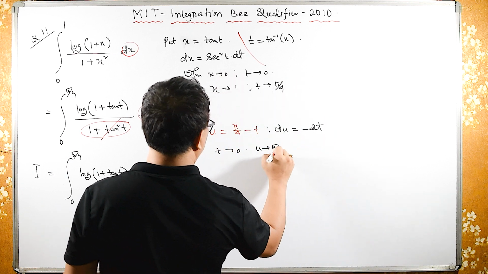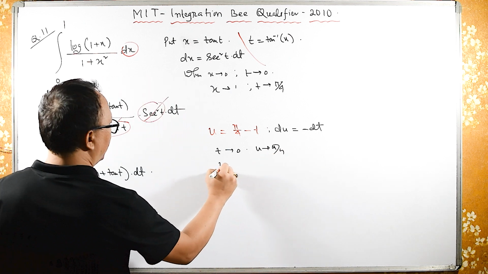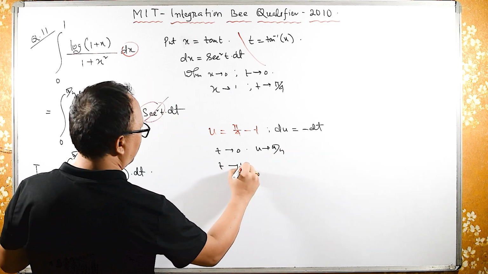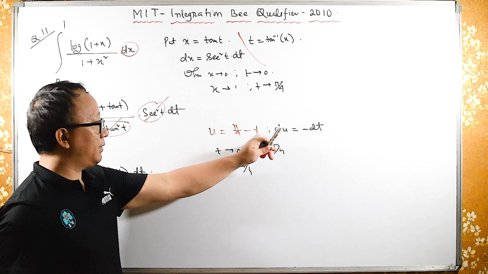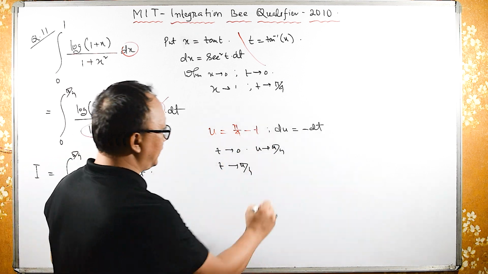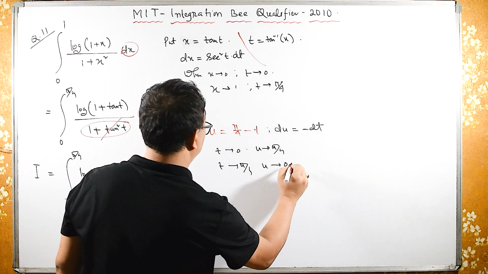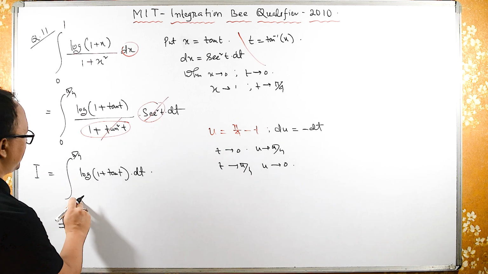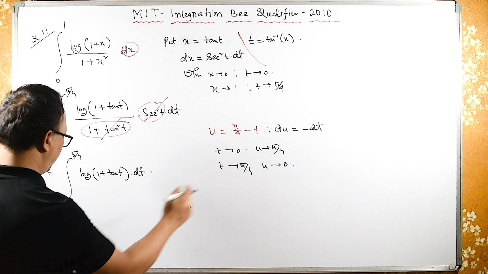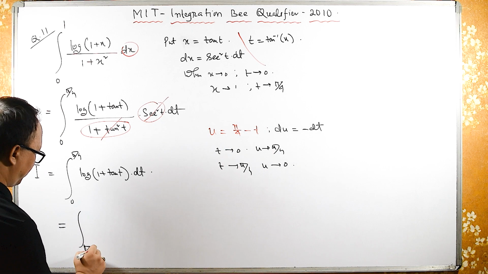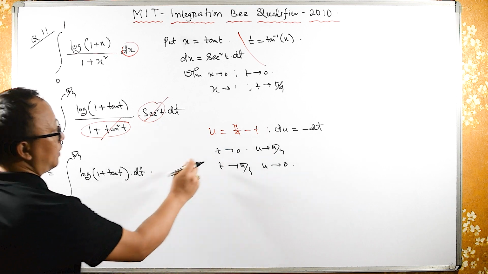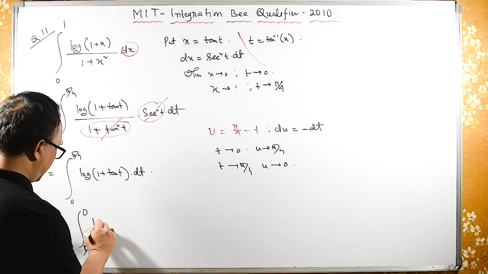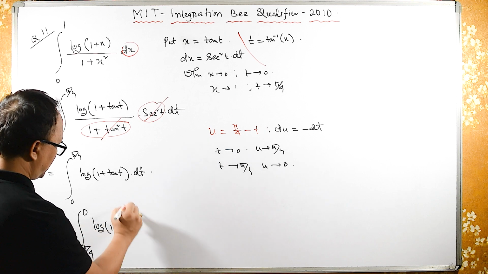And when t tends to pi by 4, pi by 4 minus pi by 4 gets cancelled, then u tends to 0. Therefore, this is equal to the integration with limits changing from 0 to pi by 4 into pi by 4 to 0. Therefore, this is the same as log of 1 plus tan.